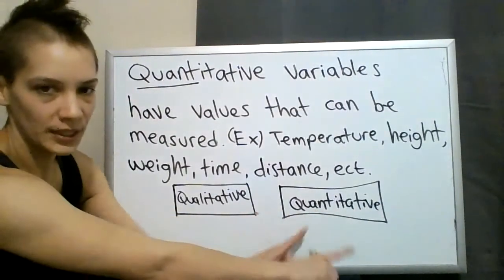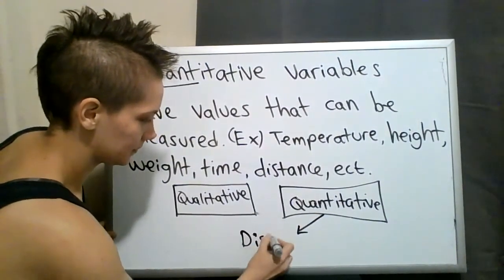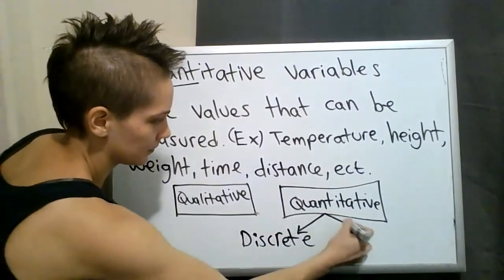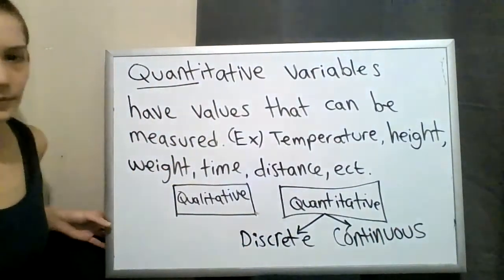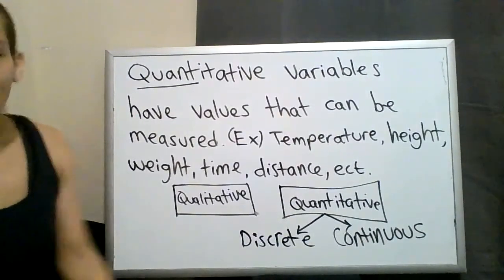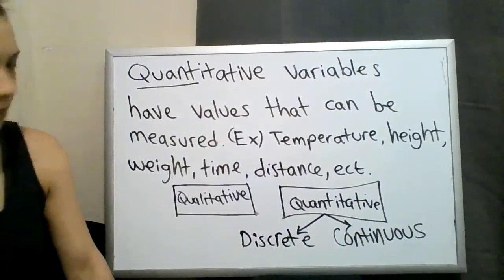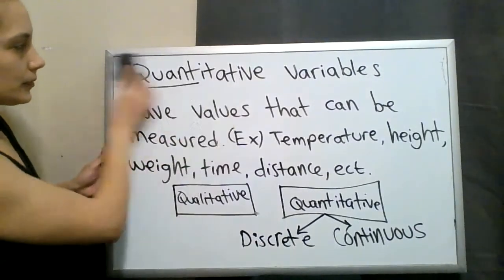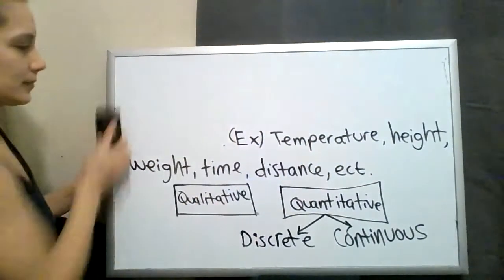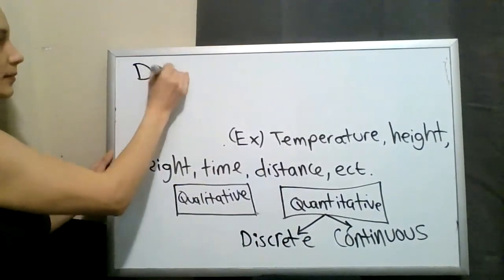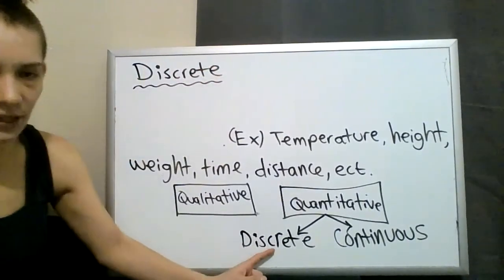From quantitative, we can split into discrete or continuous. Okay, starting with discrete.